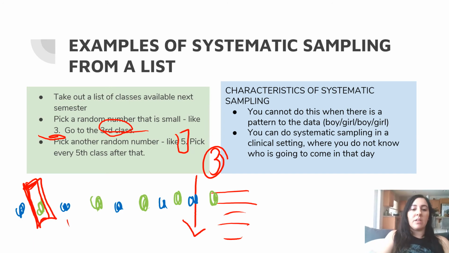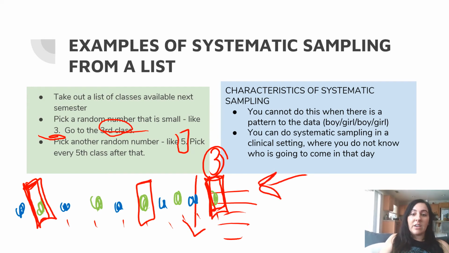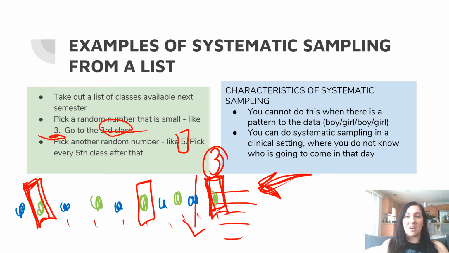Let's see, 1, 2, 3, 4. So this individual's chosen. Then you go 1, 2, 3, 4. This individual's chosen. Then through your population, are you getting a good representation of everyone on the list? No, you are not. If you look, basically only girls have been chosen so far.